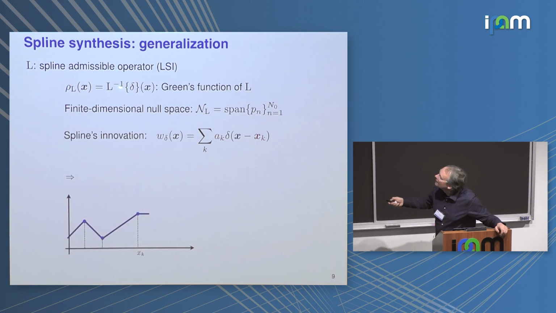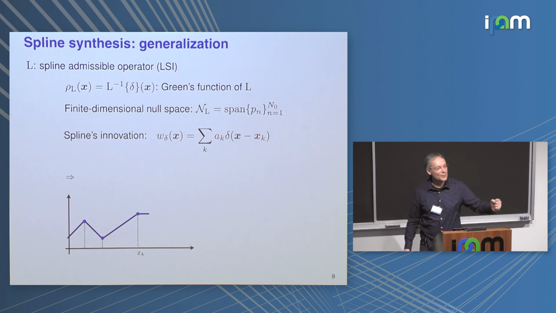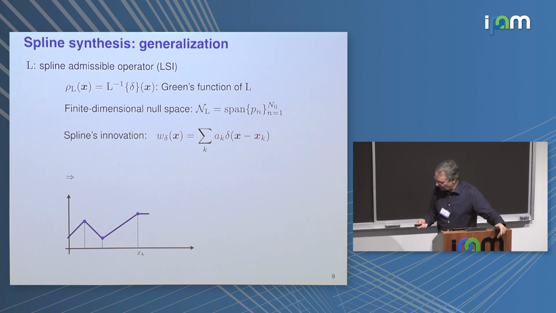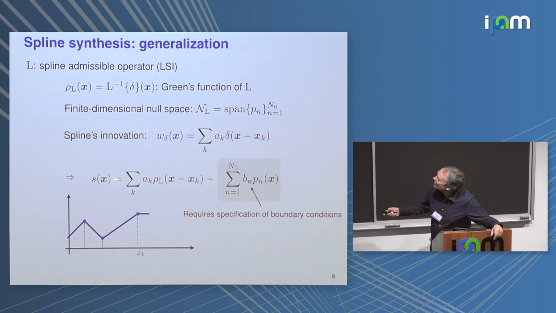Let's take a second derivative. What's the Green's function of the second derivative? It's a ReLU. So you'll see the connection with neural networks. In fact, it's a linear combination of Green's functions located at those positions, plus some things that live in the null space.